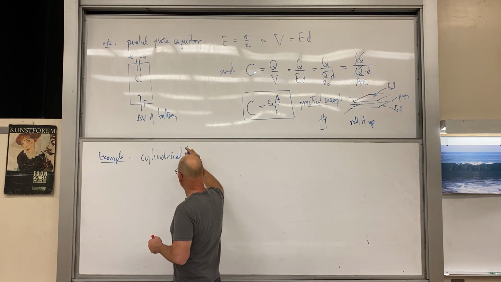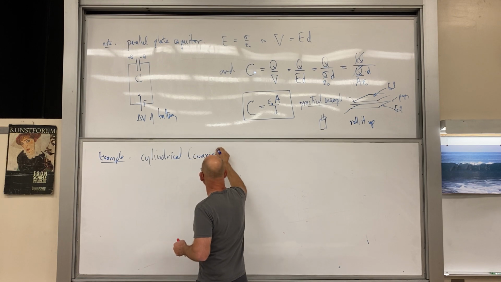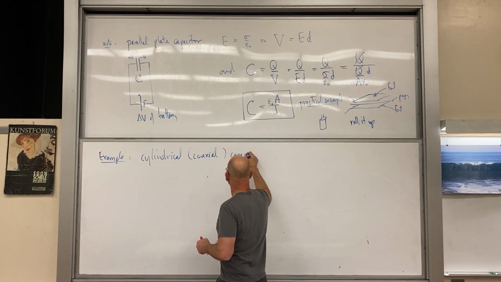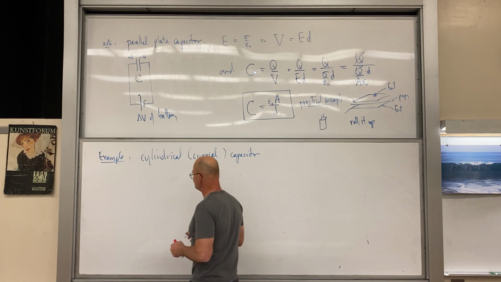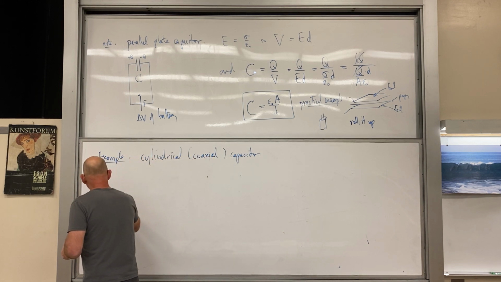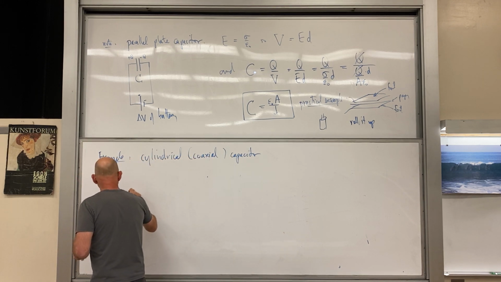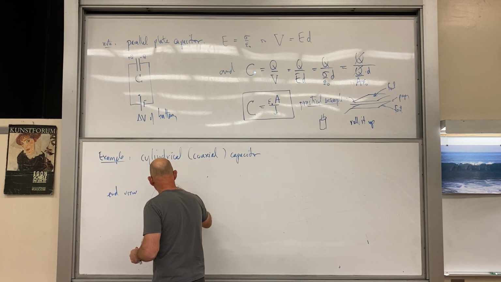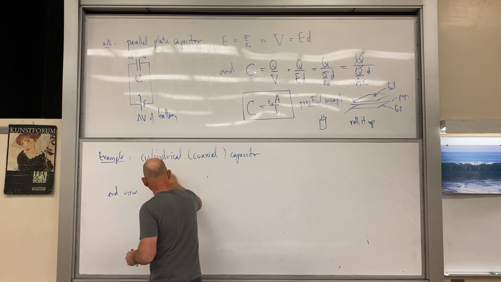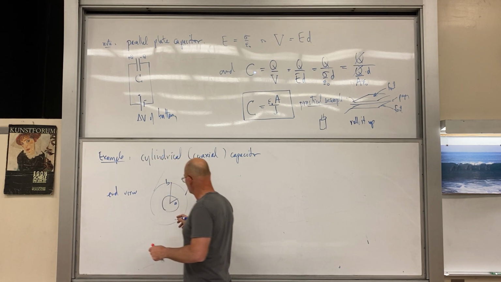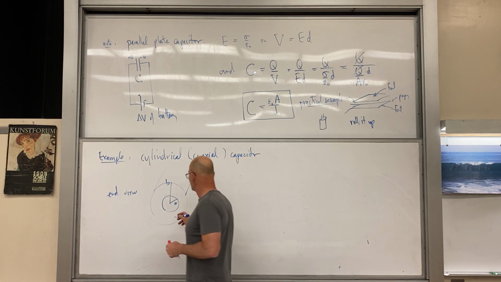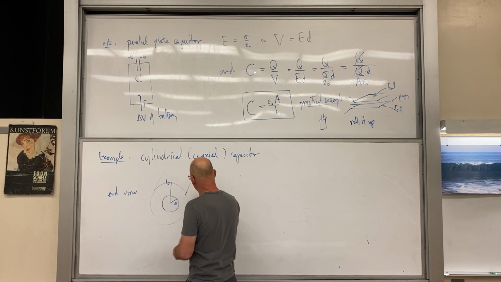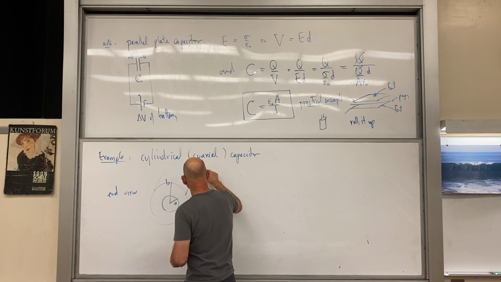It gives an interesting example though. Coaxial capacitor. So this is an end view. So we just have radius A, radius B, and some length L. So inner radius A, outer radius B, length L.